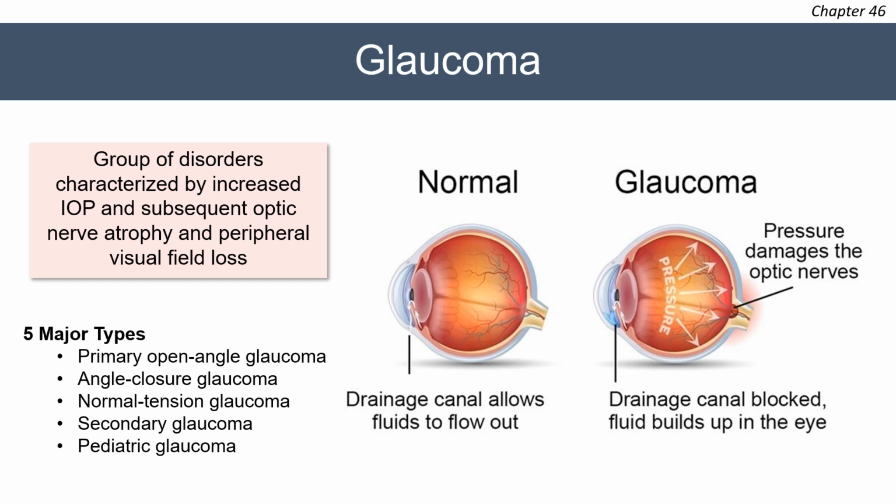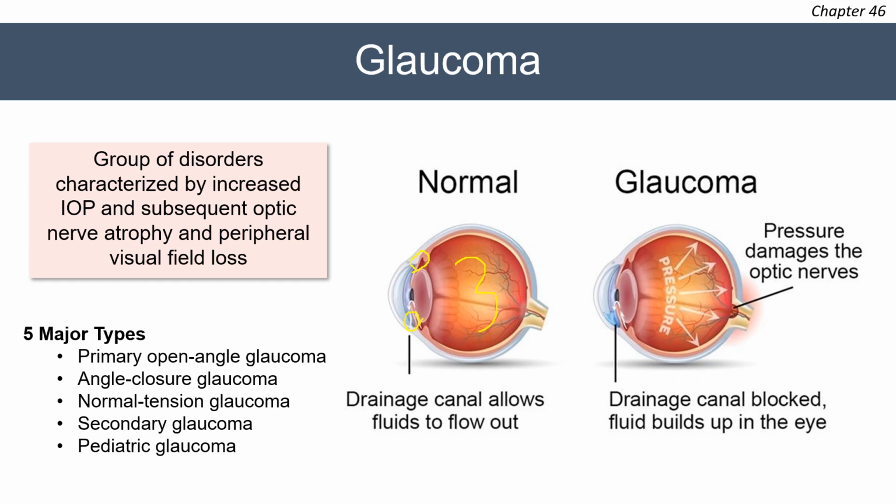Okay, so in this first picture here, you see a normal eye, and let me show you. Here we have drainage canals, which drain the aqueous fluid from our eye as needed. So we produce aqueous fluid, and then our eye automatically will drain to keep a balance within the eye.